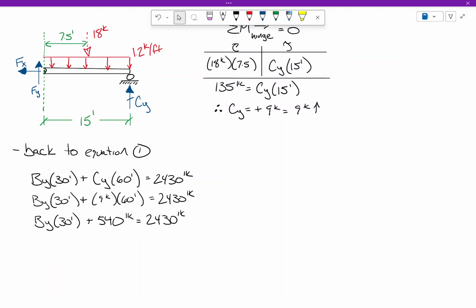Might need some help. What's that? 1890. What'd you get for that? For By. Yep. 63 kips going up.